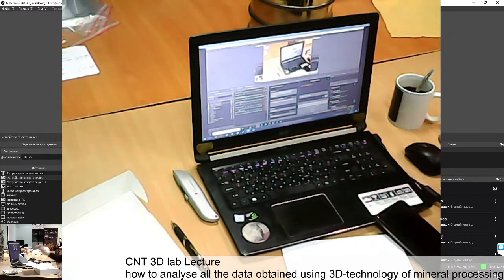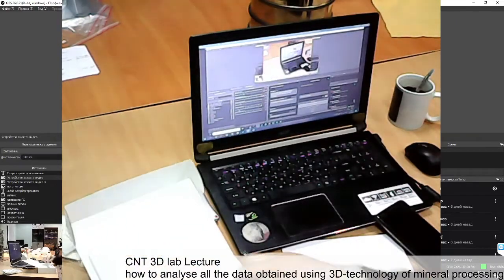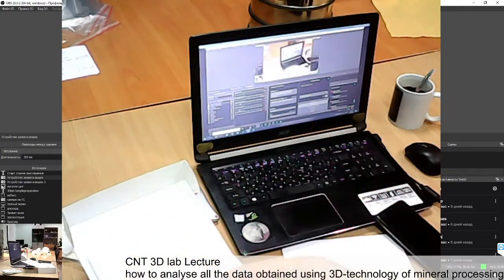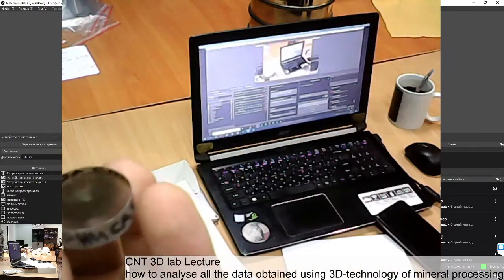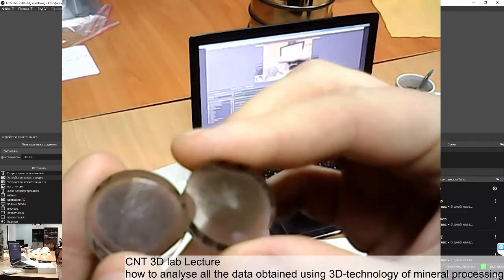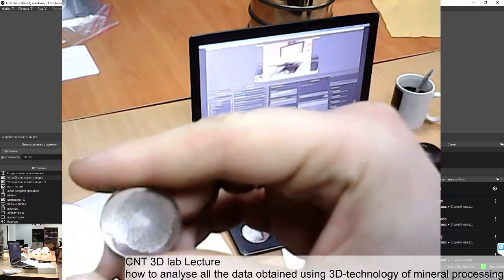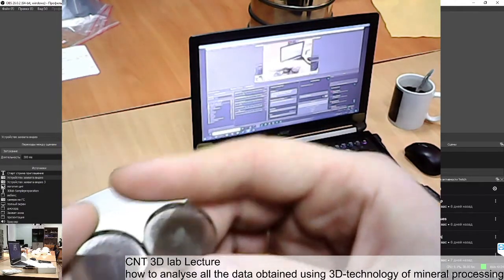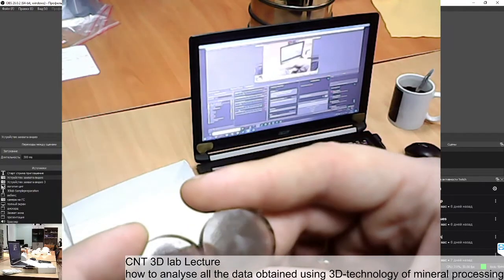We use narrow size fractions, and as we cut them right in the middle of their section, we can say that this is the maximum size of each grain we observe.